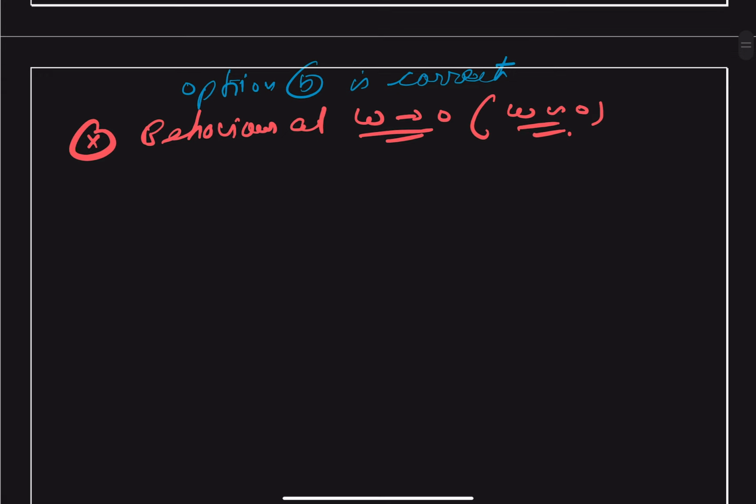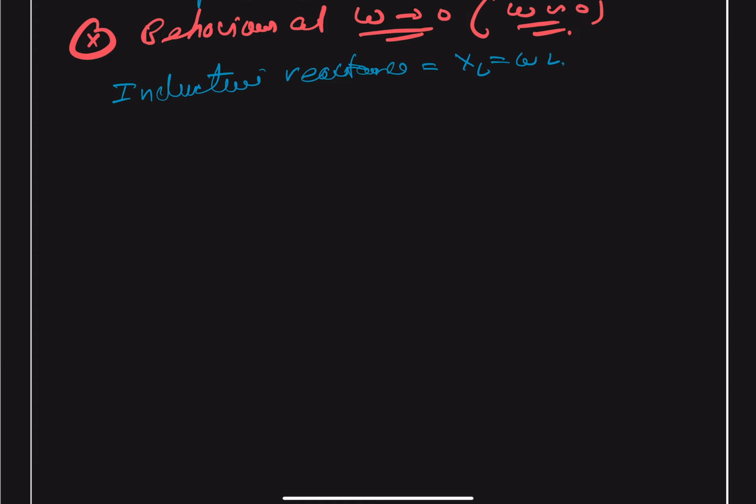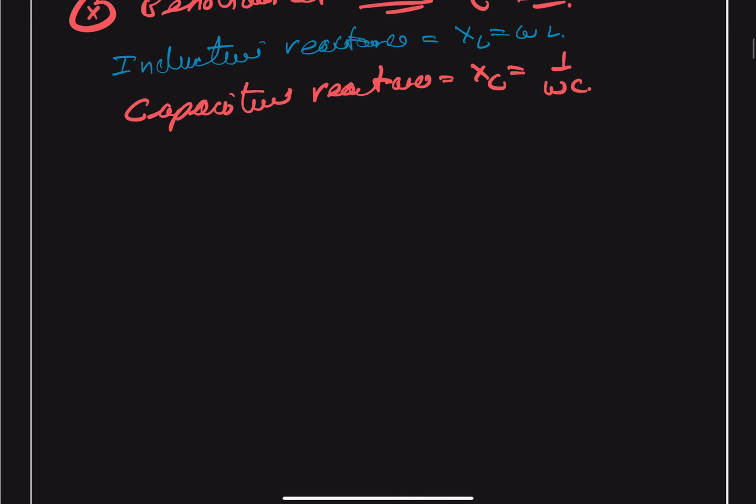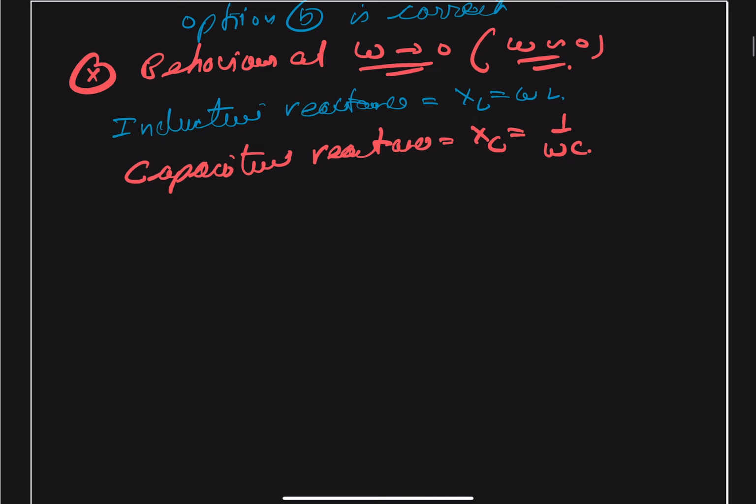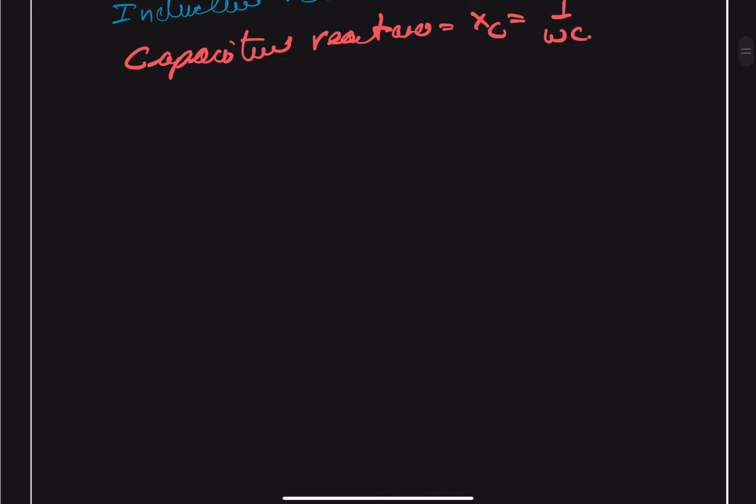And our inductive reactance, that is XL, is equal to omega L, and our capacitive reactance XC is equal to 1 upon omega C. Therefore, under the condition that omega tends to 0, our XL tends to 0.